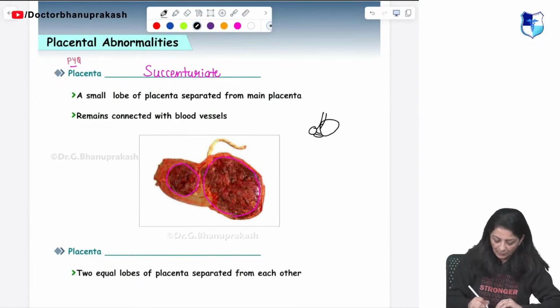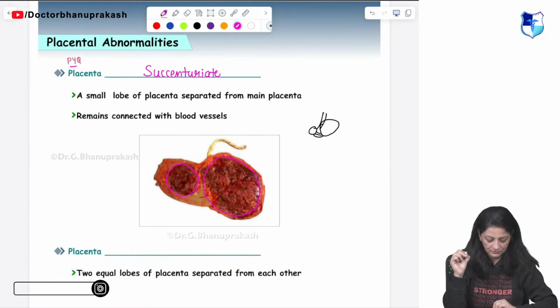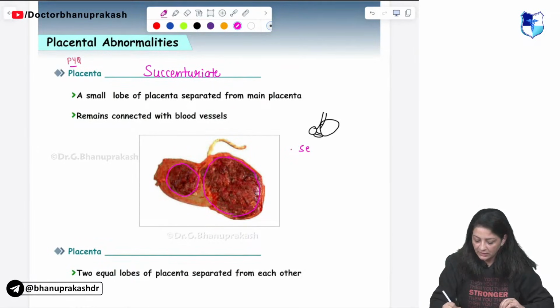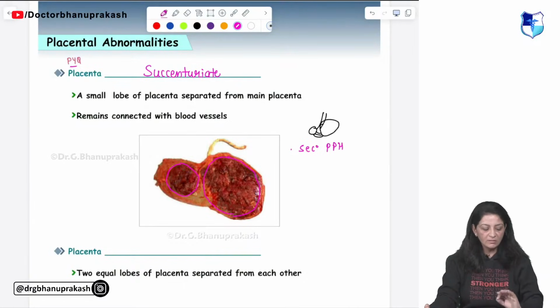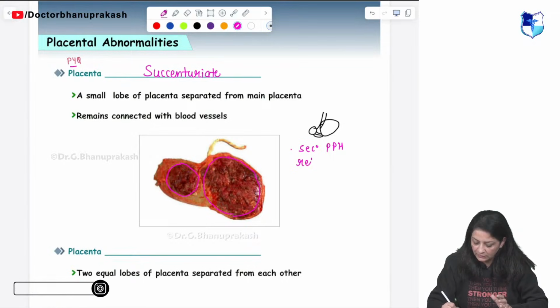So what are the complications associated with this abnormality? What are the complications at the time of delivery? Secondary PPH, postpartum hemorrhage. What is the most common cause of secondary PPH? Retained placenta. So secondary PPH due to retained placenta.